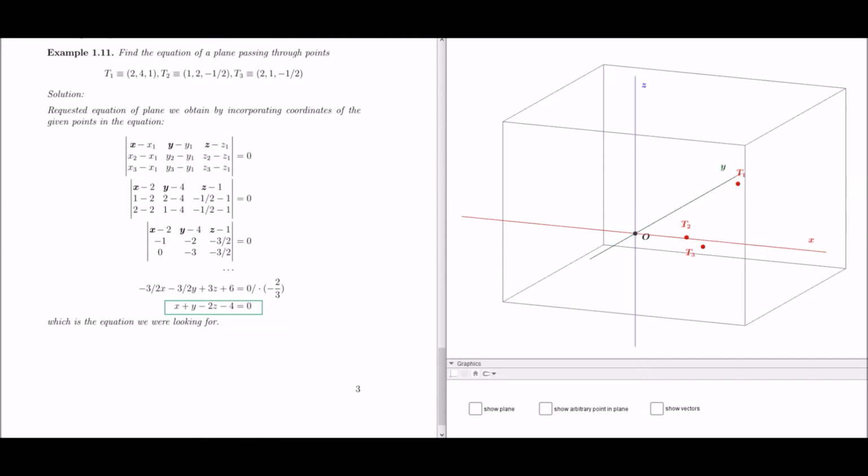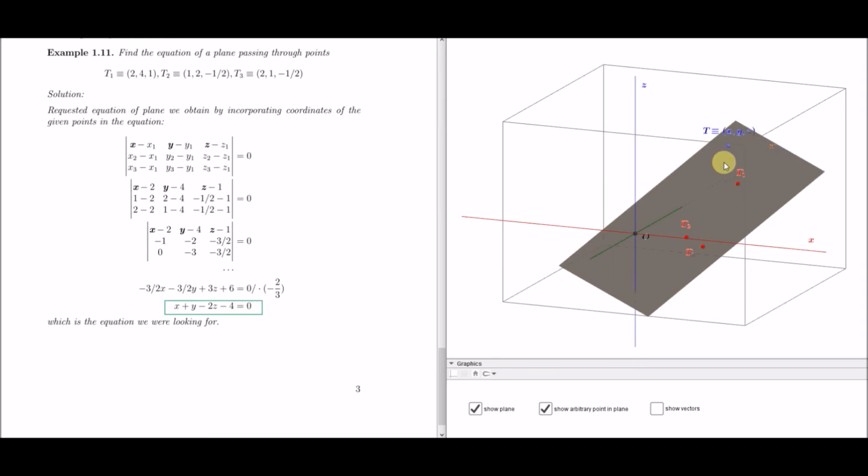Example 1.11. Find the equation of a plane passing through points T1 with coordinates 2, 4, 1, T2 with coordinates 1, 2, minus 1/2, T3 with coordinates 2, 1, minus 1/2. Solution.